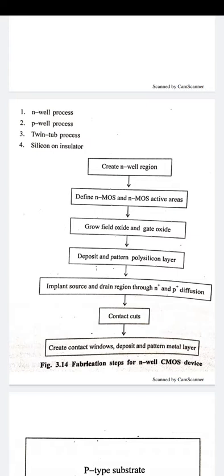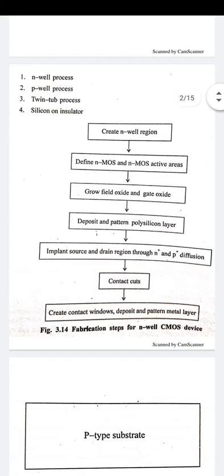Then for making the electrical connections, we make the contact cuts, open the windows, create contact windows, deposit and pattern, and finally the metallization for the interconnecting layers.